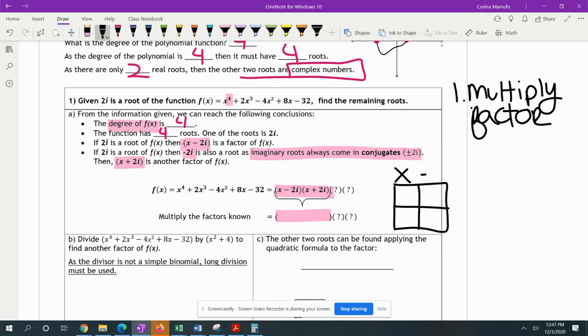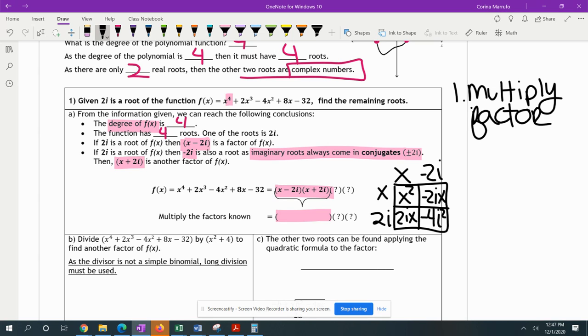We have x minus 2i and x plus 2i. So that gives us x squared, 2ix, negative 2ix, and then 2 times negative 2 gives me negative 4, i times i gives me i squared.